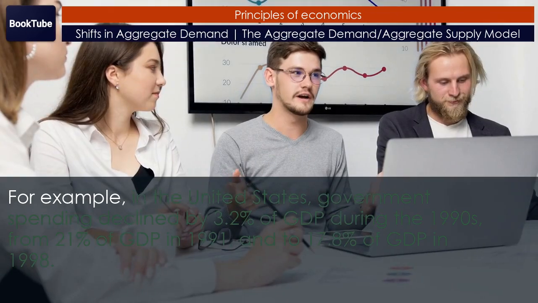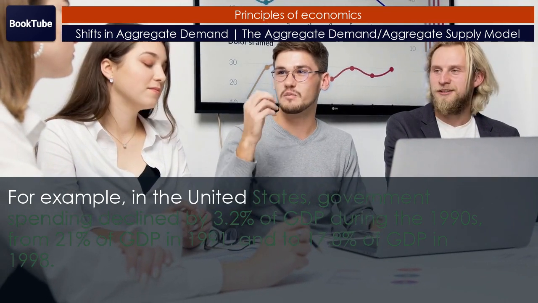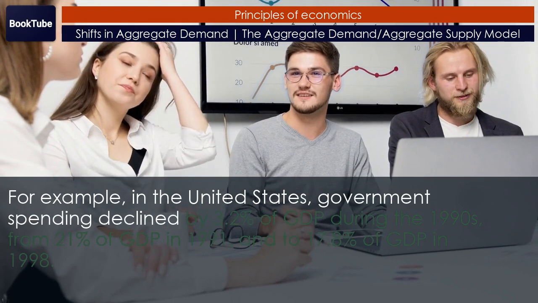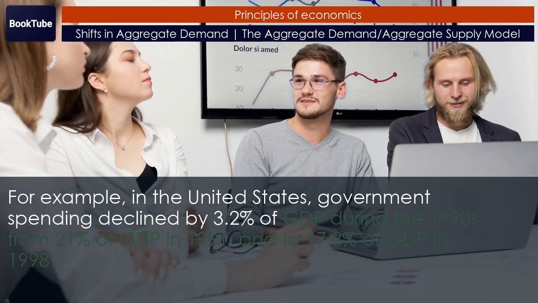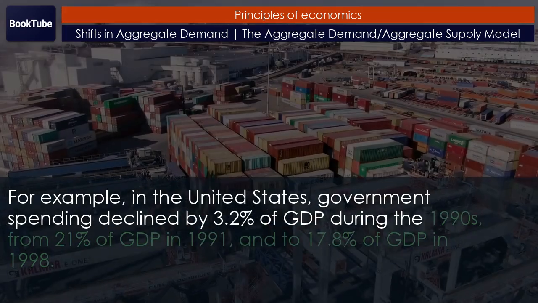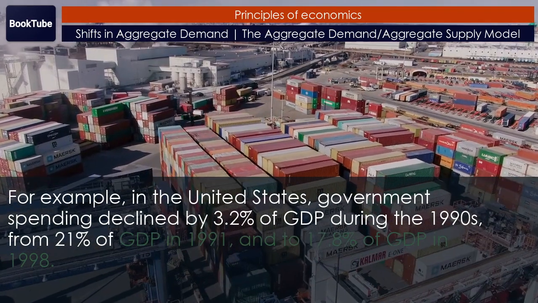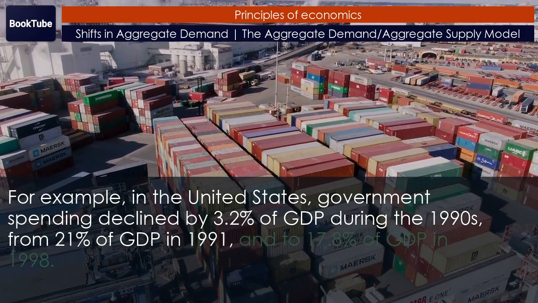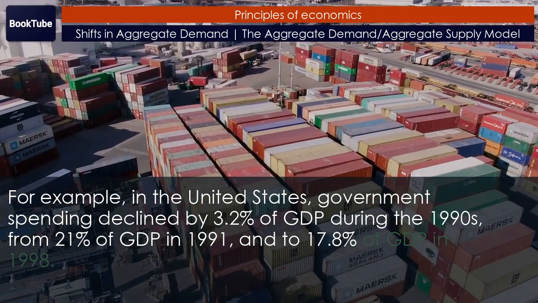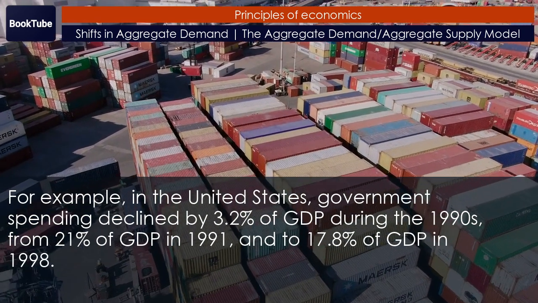For example, in the United States, government spending declined by 3.2% of GDP during the 1990s, from 21% of GDP in 1991, to 17.8% of GDP in 1998.